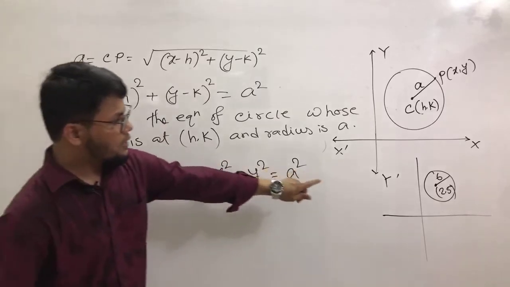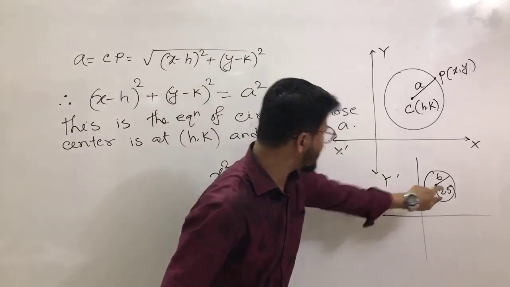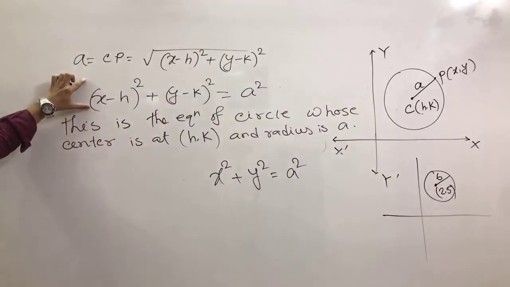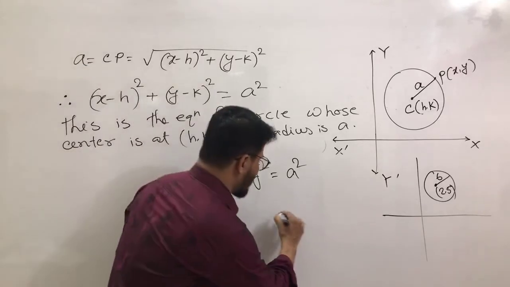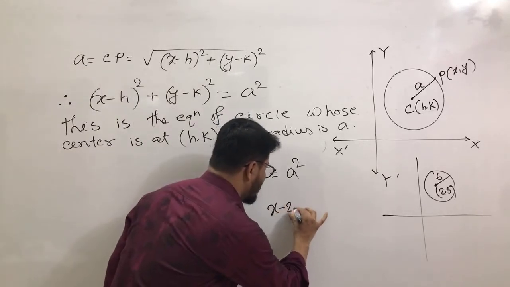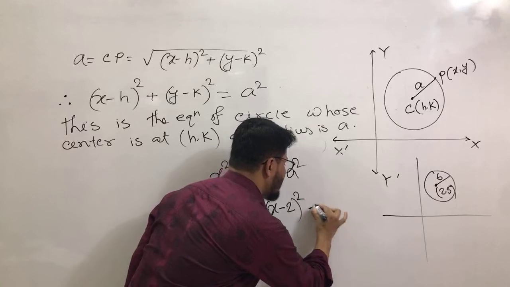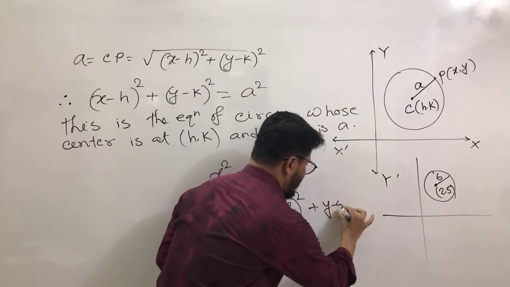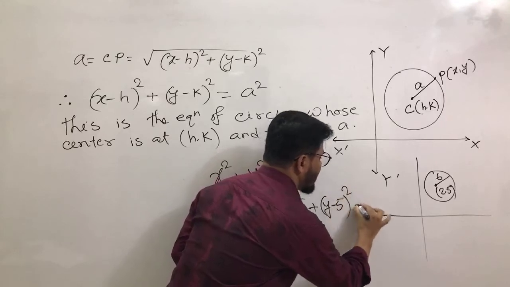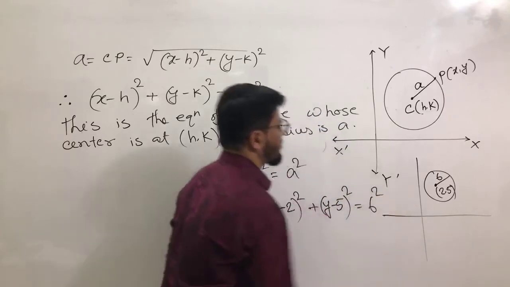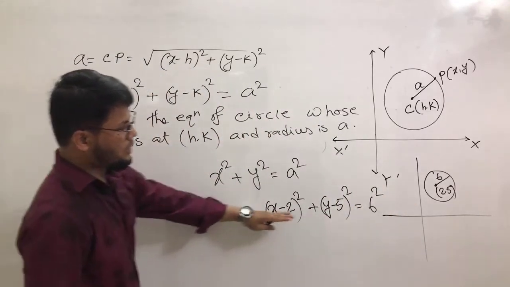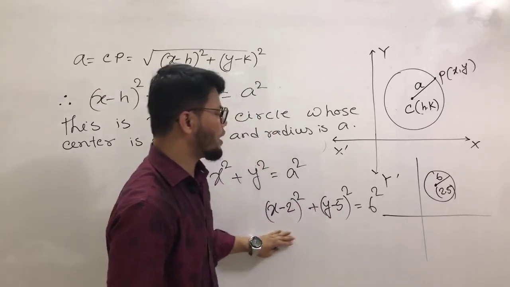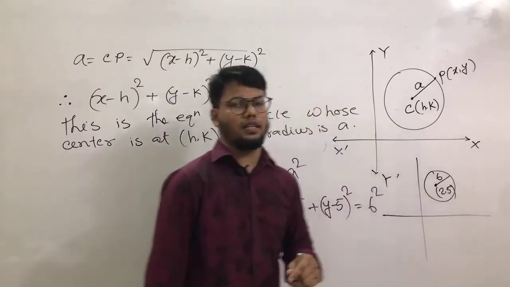We know the center is outside the origin, so you have to apply this formula. The equation of the circle will be x minus 2 whole square plus y minus 5 whole square equal radius square. So now successively do the calculation, you will get the equation of the circle.